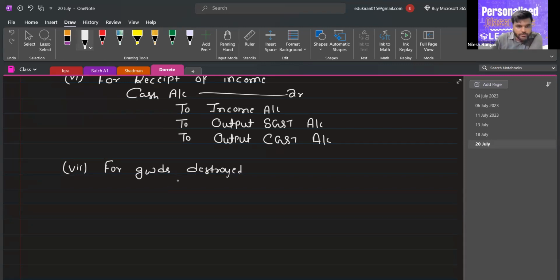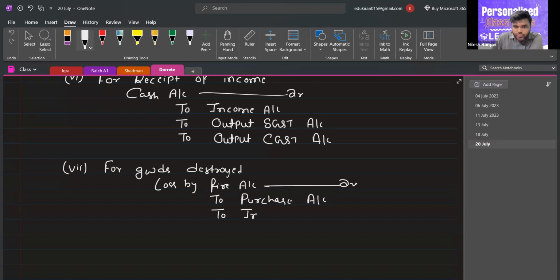We don't know, so we will write loss by fire account debit, to purchase account, to input CGST and to input SGST.